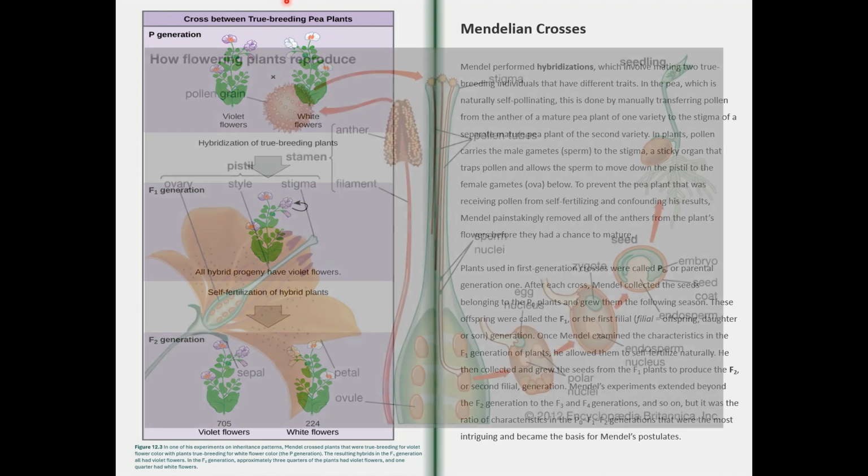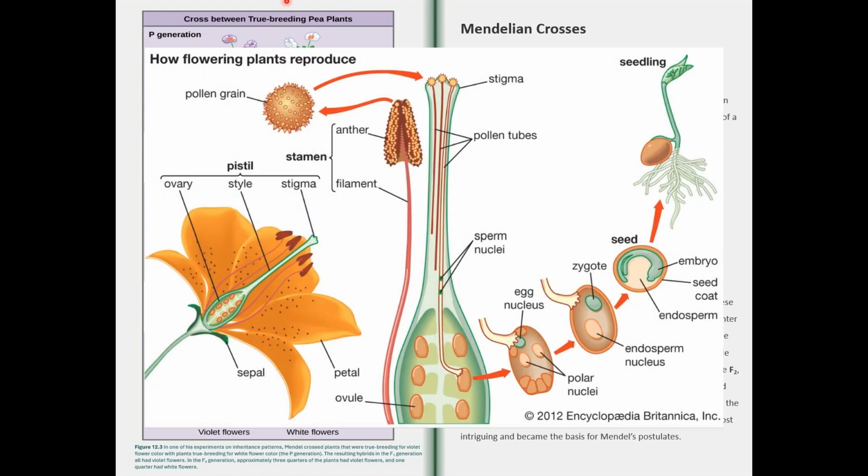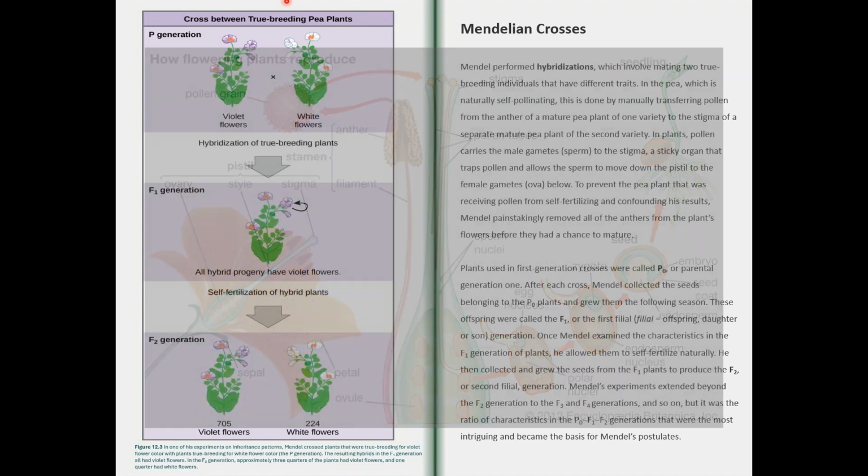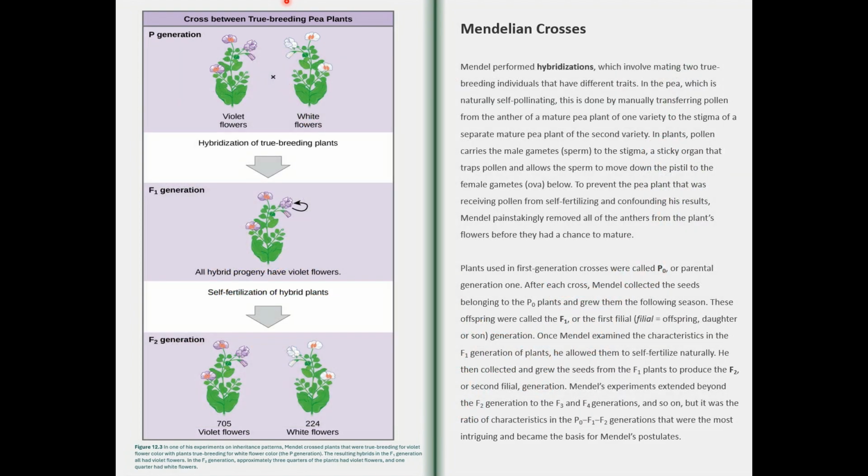In pea plants, pollen carries the male gametes, or sperm, to the stigma, a sticky organ that traps pollen and allows the sperm to move down the pistil to the female gametes, or ova, below. To prevent the pea plant that was receiving pollen from self-fertilizing and confounding his results, Mendel painstakingly removed all of the anthers from the plant's flowers before they had a chance to mature.